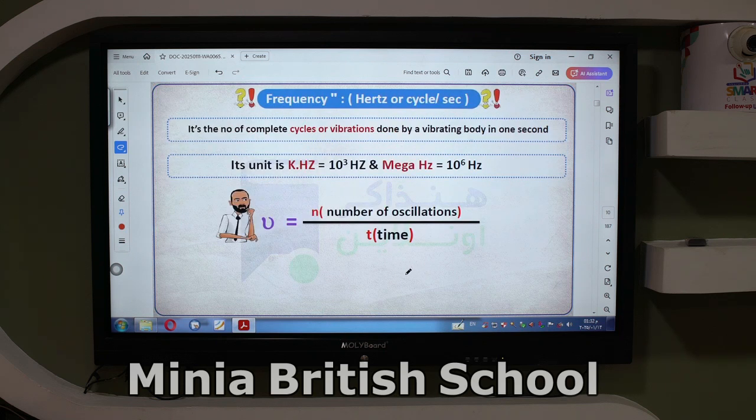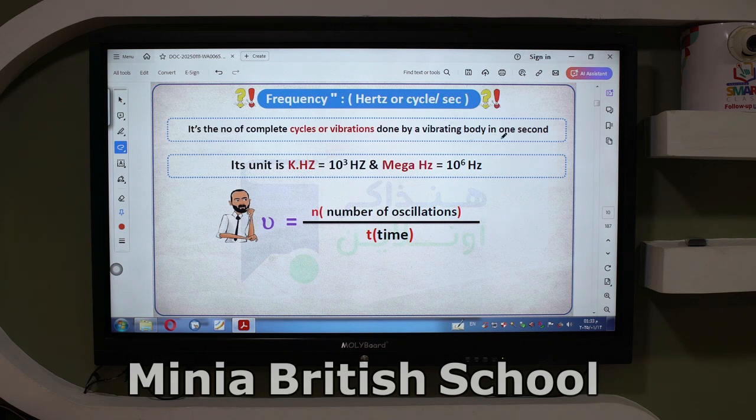What about the frequency? And what is the measuring unit for the frequency? The measuring unit for the frequency is hertz or cycle per second. What is the frequency? It's the number of complete cycles of vibration done by a vibrating body in 1 second.